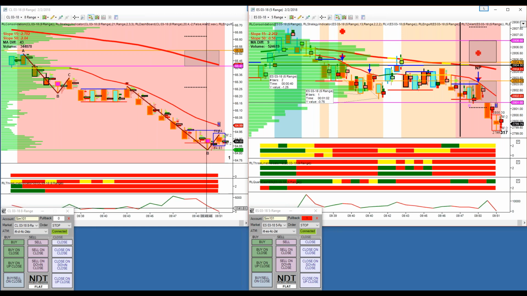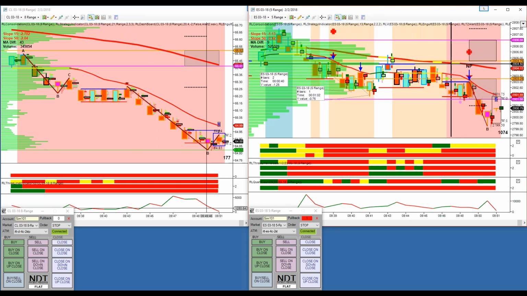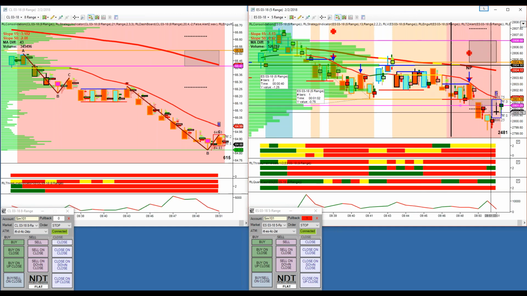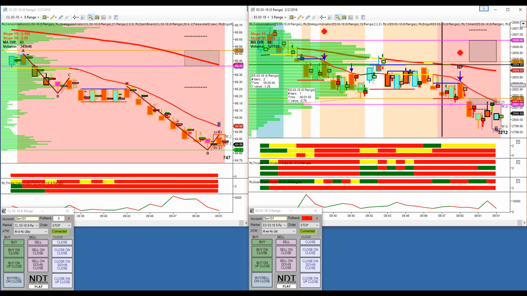Let's look for a pullback to the value area low. We lost one trade by one tick and no pullback.